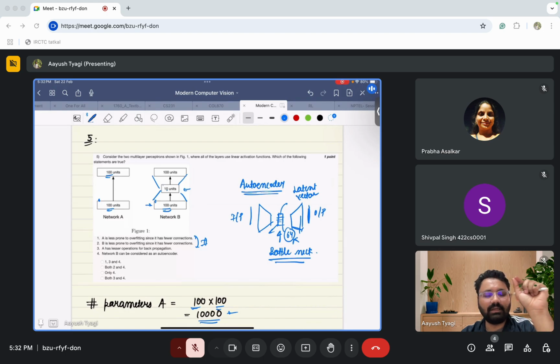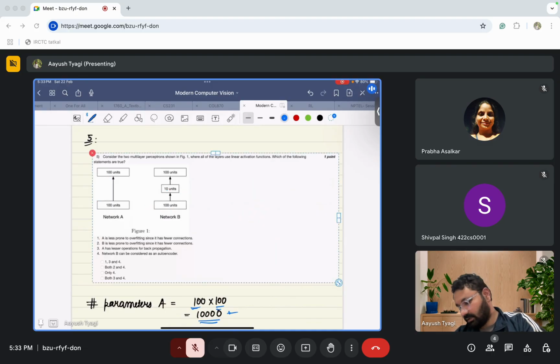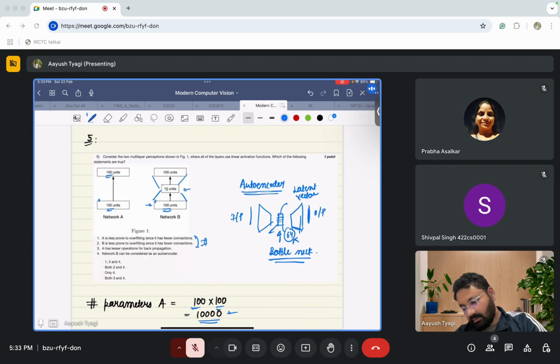Once you have a sense that there is a sky, you can remove all that information and just keep that there is a sky. There are other factors you might want to consider, like what the person is wearing, in what position the person is standing, whether male or female, and what age the person is, so that you can actually reconstruct. The latent vector takes care of that. So network B is basically some sort of autoencoder based architecture.